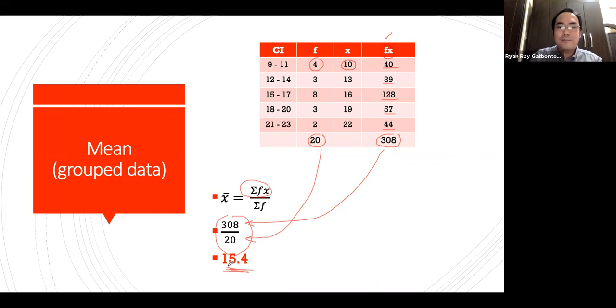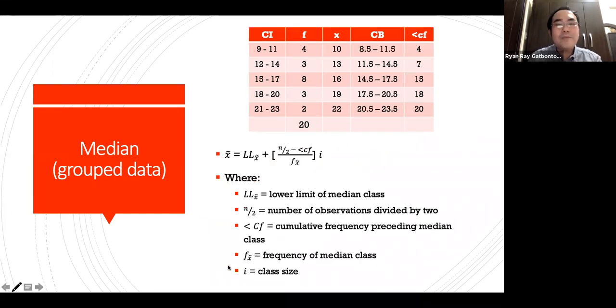On the other hand, when we determine the median for the grouped data, we use the formula: the lower limit of the median class, plus the value of n divided by 2 minus the cumulative frequency, divided by the frequency of the median class, multiplied by i.